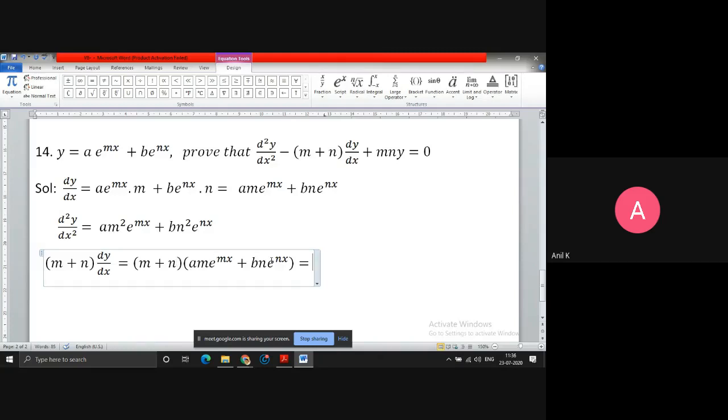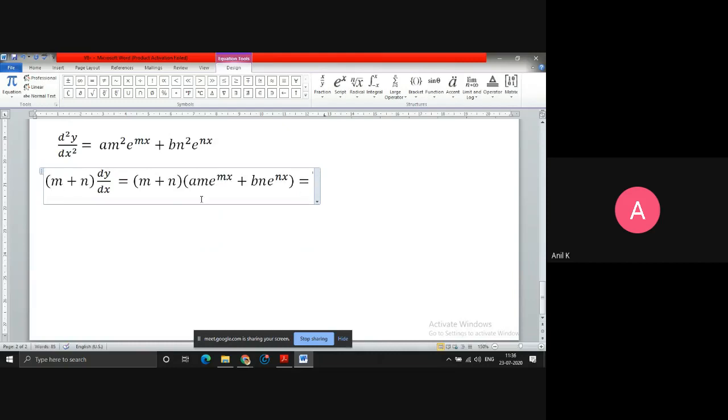Okay. So what do you get if I multiply? A into m. So it will come a m square e power mx. Now if I multiply m with b, it will come b n m e power nx.